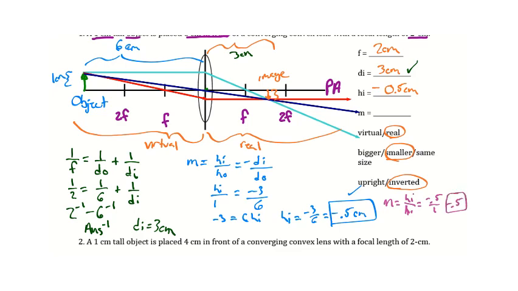Or we'll say negative 1/2 as a fraction. Or you could have done the other part of the equation, which is negative di over do. So negative 3 over do, which was 6. And you would also have gotten negative 1/2 x. So no matter which method you choose, you get the same magnification.